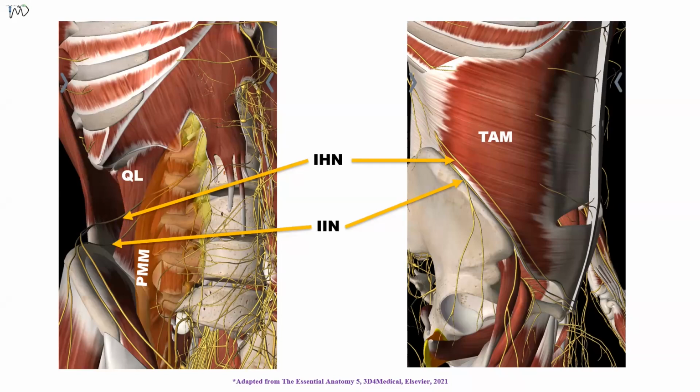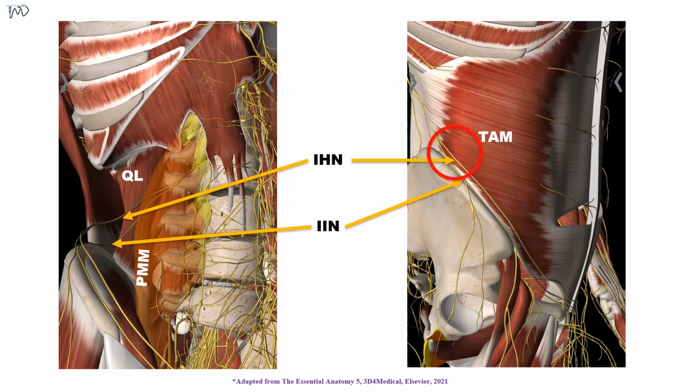Both nerves emerge at the lateral border of the psoas major and run inferolaterally on the ventral surface of quadratus lumborum and the transversus abdominis muscles, just superior and parallel to the iliac crest.